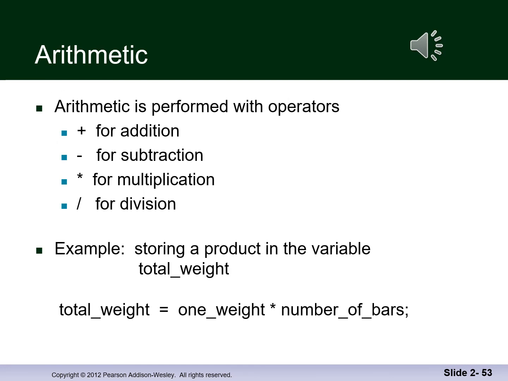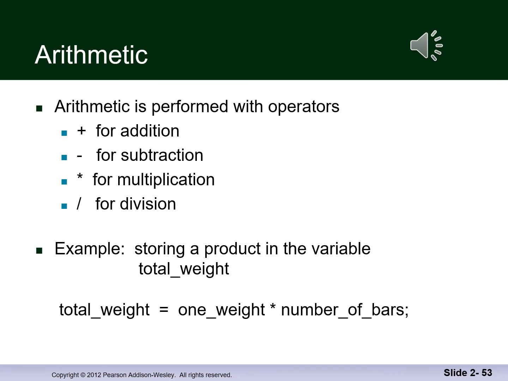Arithmetic is performed with operators. These are common operators. They're used in Excel and most other computer programs. Plus for addition, minus for subtraction, the asterisk for multiplication, and the slash for division.